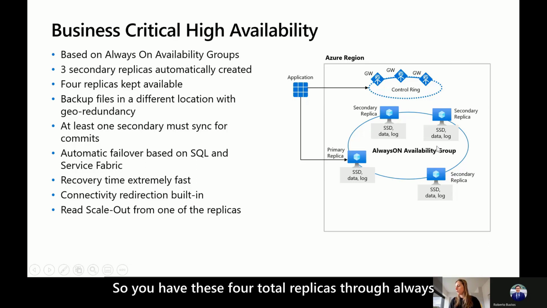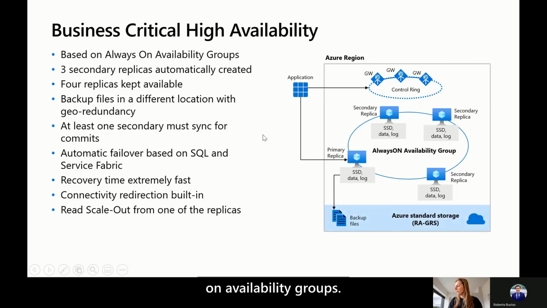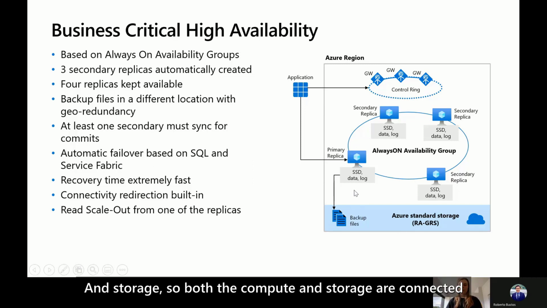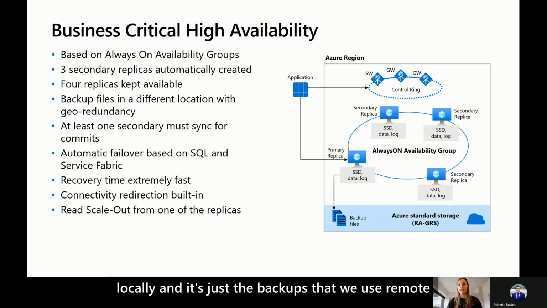So you have these 4 total replicas connected through Always On availability groups. And each of these replicas uses the local storage for any storage. So both the compute and storage are connected locally. And it's just the backups that we use remote storage for.